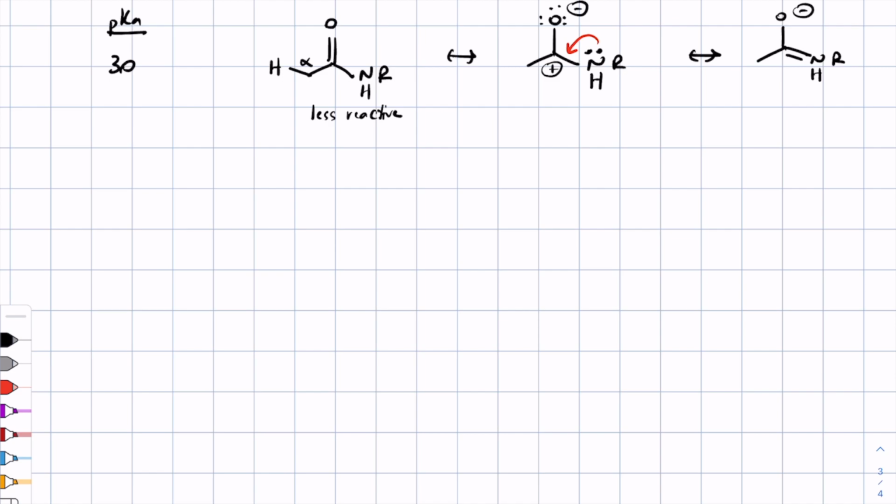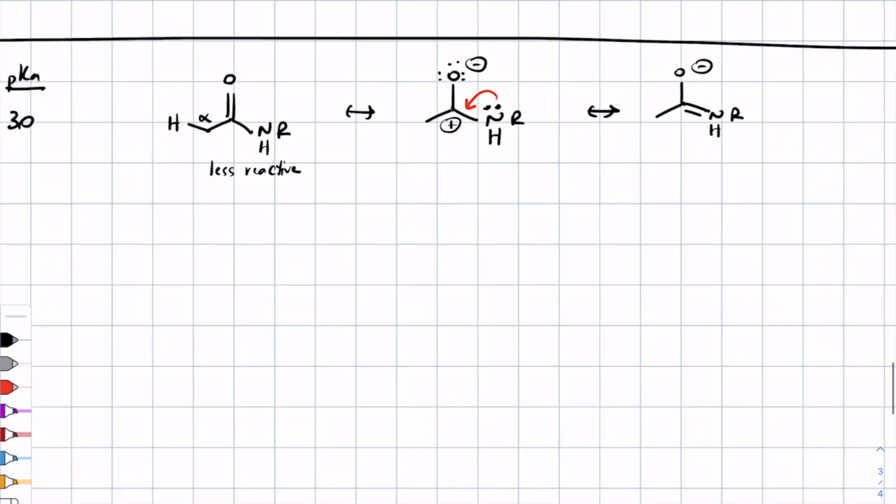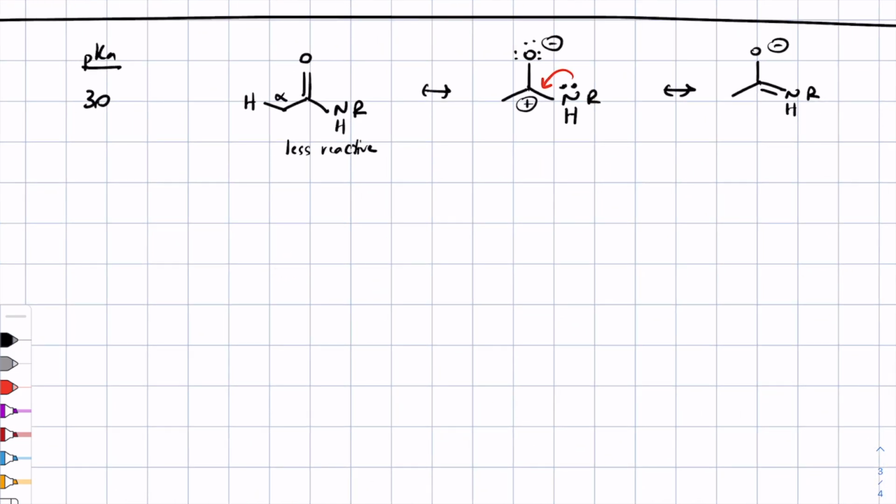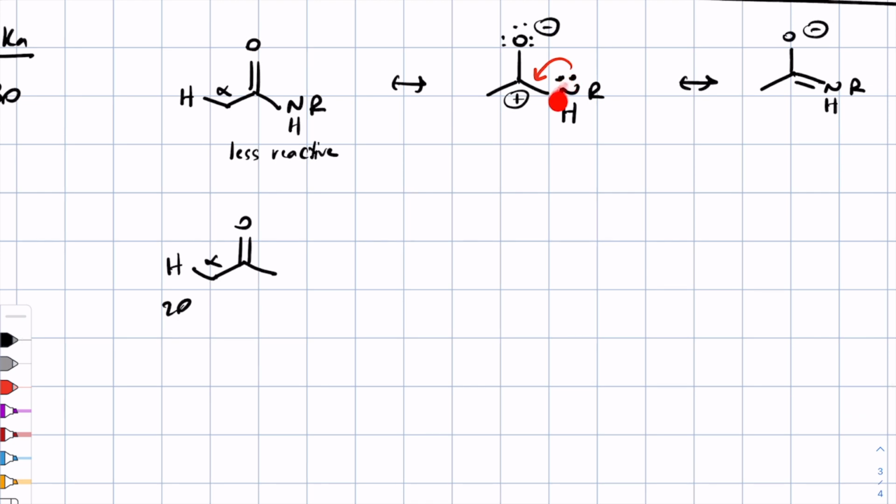Let's talk about why that might be. The pKa for the ketone was 20, and the pKa for the alpha proton of the amide is 30. Why is it so much less acidic? Nitrogen's more electronegative, but, yeah.